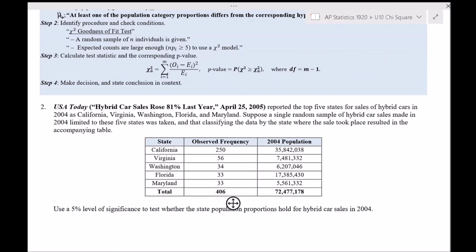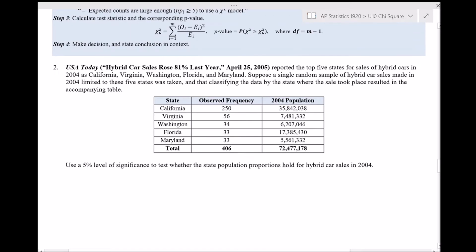So the observed frequencies, because we had a random sample and it looks like the sample size is 406, so we really just need to be able to calculate expected counts. So I think that's what I'm going to do here. I'm going to go ahead and write these as percentages.